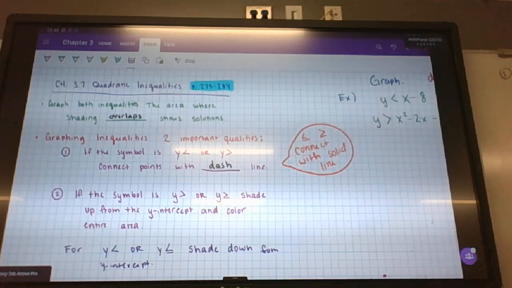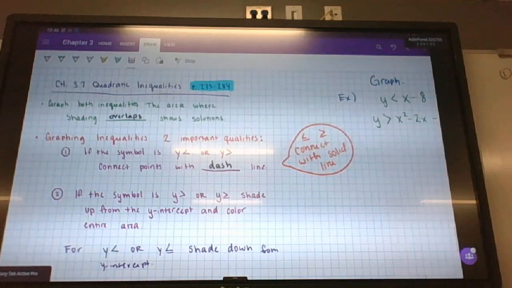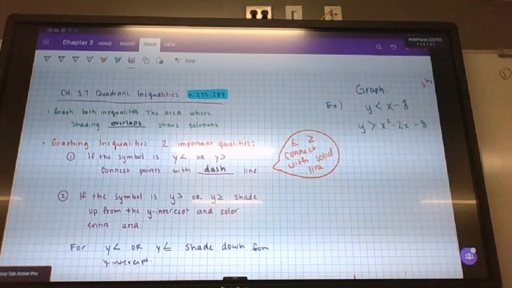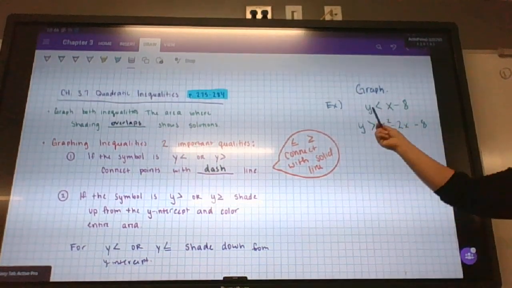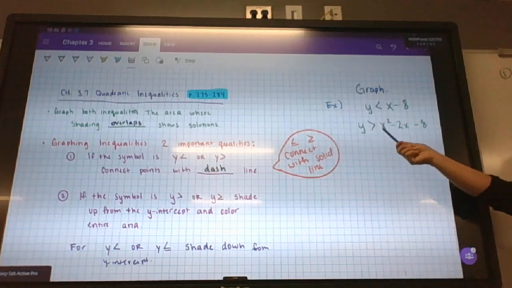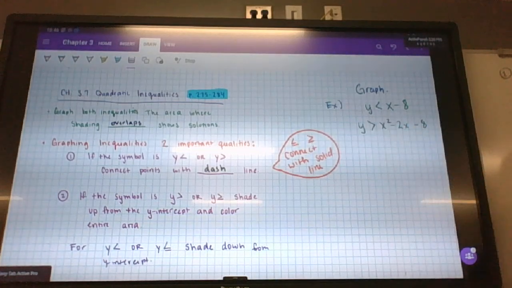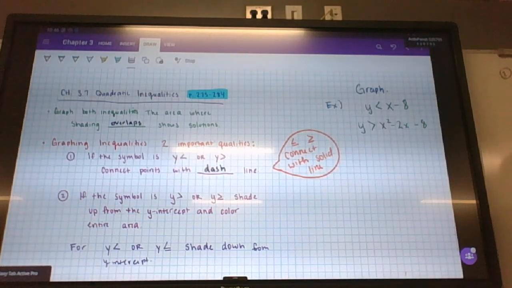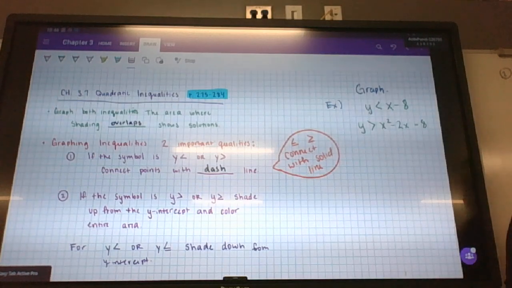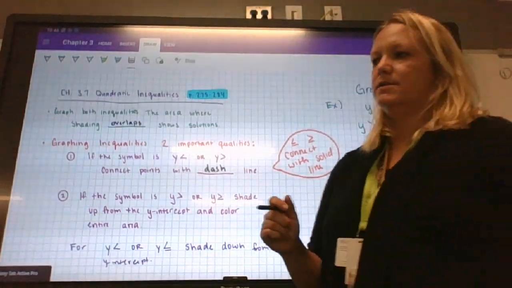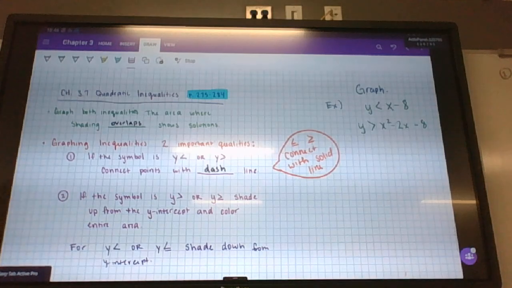So here's the example I'm going to do. I'm going to graph this inequality and this inequality on the same coordinate plane. I don't want to get ahead of you if you're writing your tips down. In fact, I can still zoom in if I'm zoomed out too quickly.